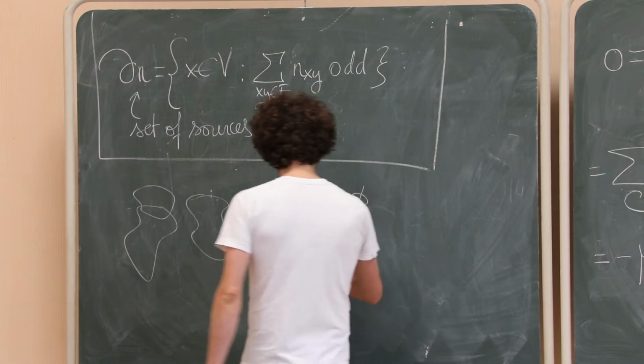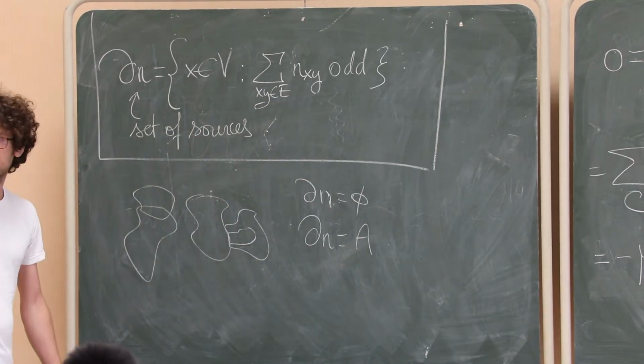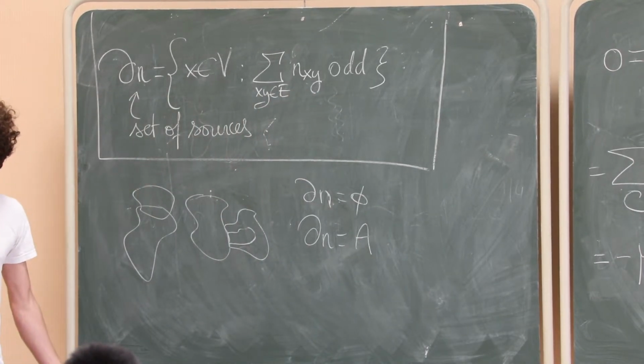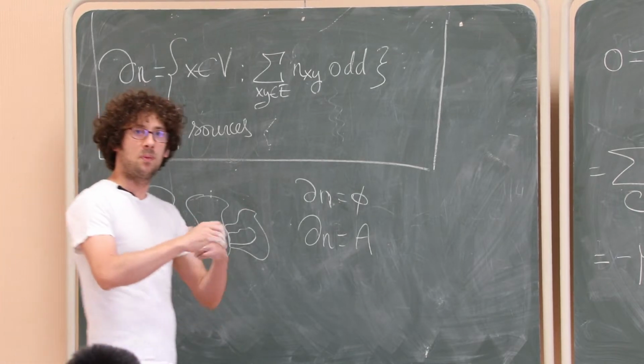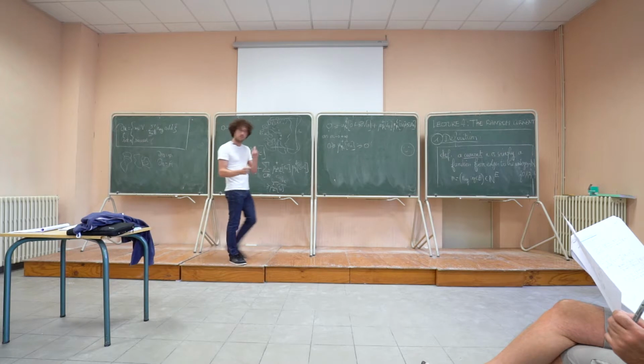If I look, on the contrary, at a current with sources, then it is the occupation time of a family of loops plus paths pairing the sources of A. Okay?